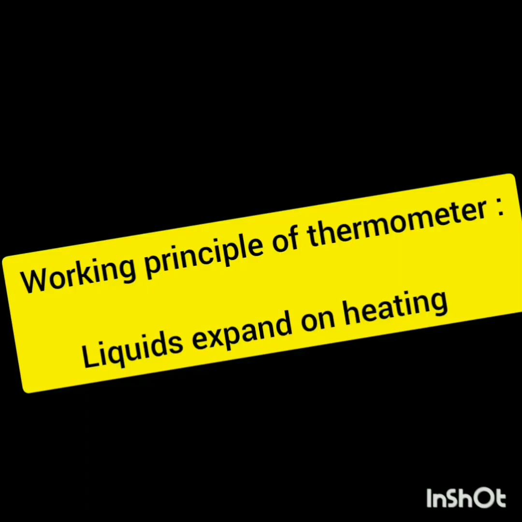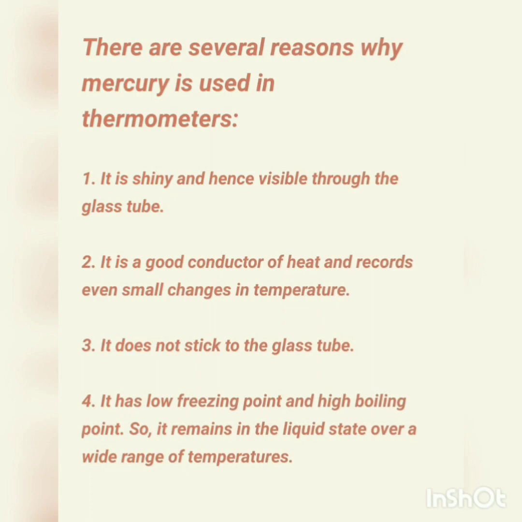Thermometers work on the principle that liquids expand on heating. The liquids usually used in thermometers are the metal mercury or alcohol, which expands on heating. There are several reasons why mercury is used in thermometers.